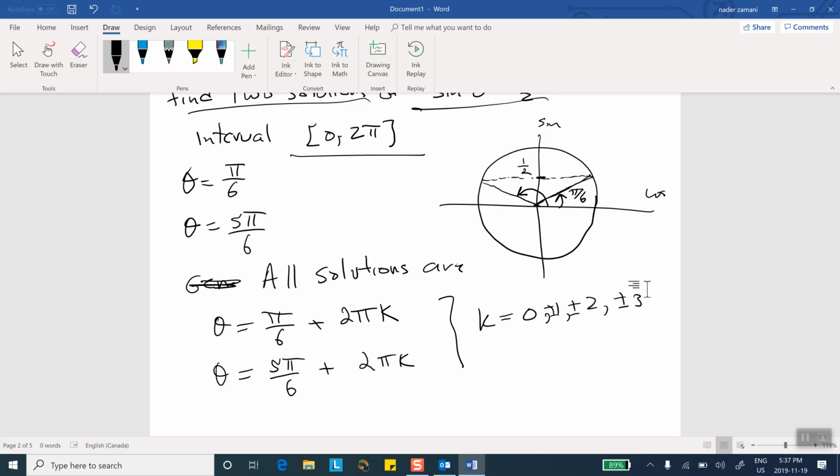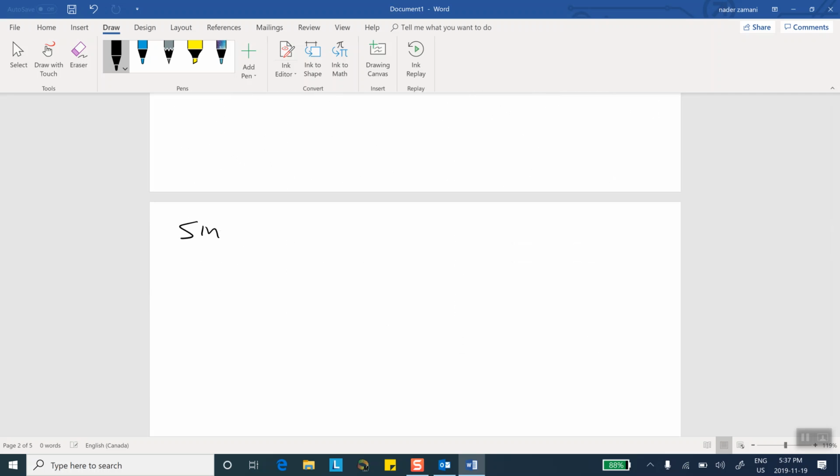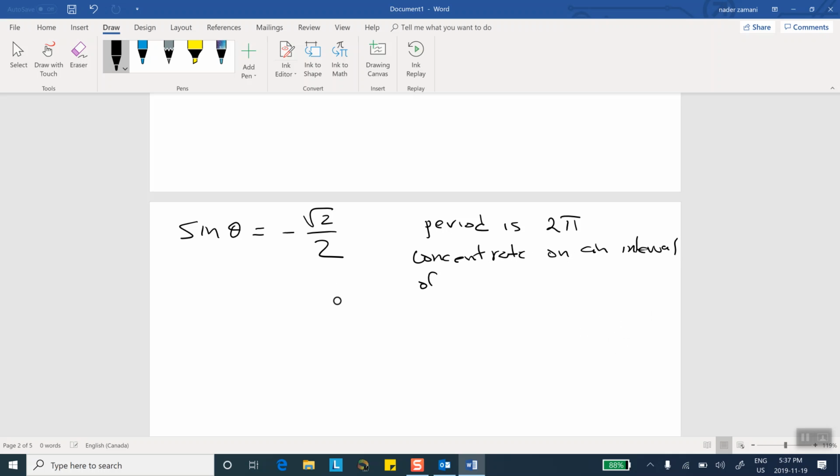Okay, so let me try another one. Let me try this. Sine of theta equal to minus root 2 over 2. Okay, so period is 2 pi. Concentrate on an interval of your choice.